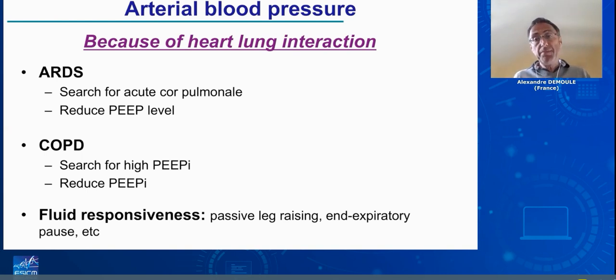And in COPD patients, when we have low arterial blood pressure, we should search for high intrinsic PEEP and then try reducing it. Also, because of those heart-lung interactions in mechanically ventilated patients, we can assess fluid responsiveness with passive leg raising and expiratory pause, etc. So arterial blood pressure monitoring is essential.